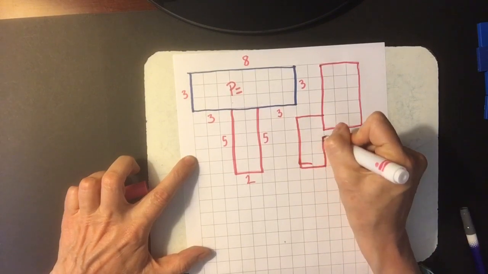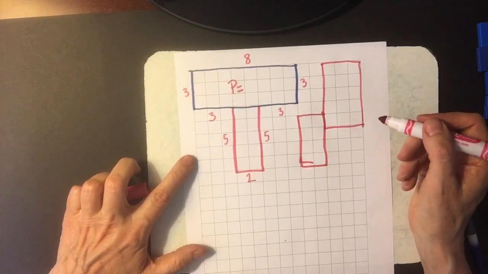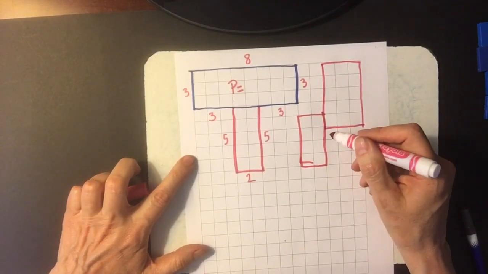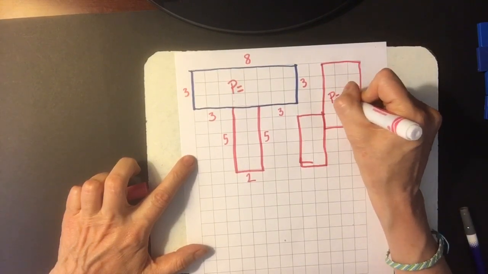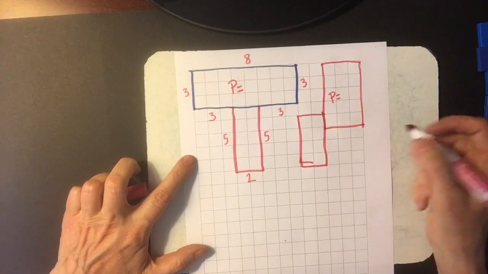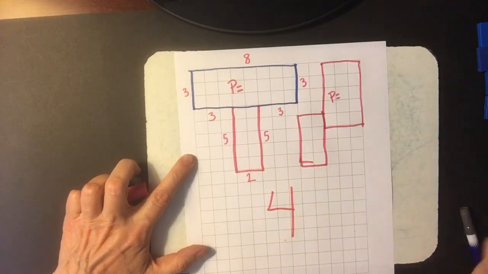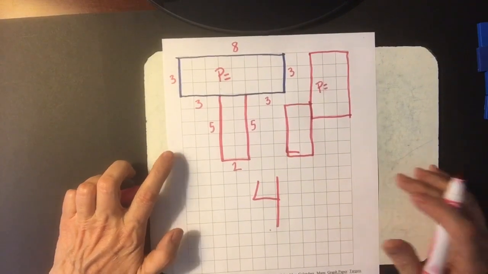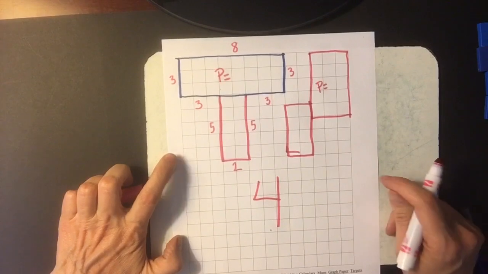And now what I'm going to do is go ahead and count my perimeter on each side and give the answer here. So I would like you to do at least 4 composite figures so that you can practice counting all the sides.